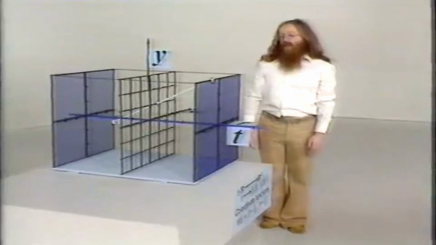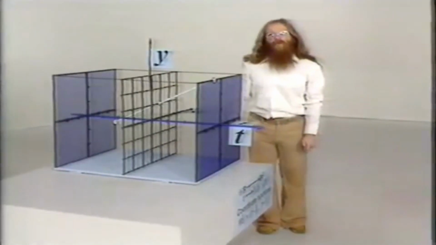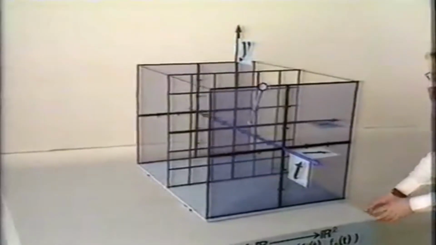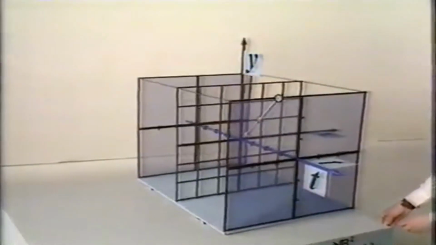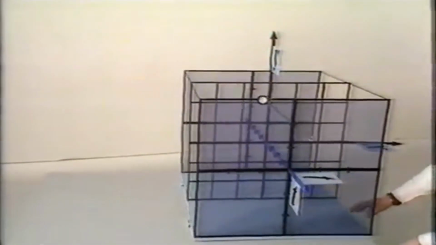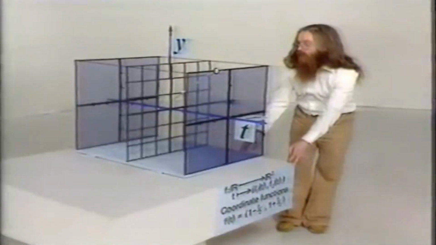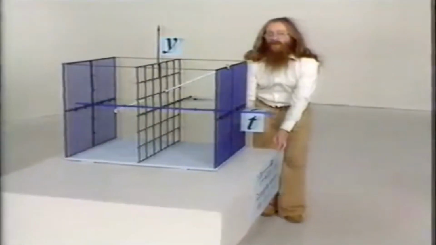Well, can we somehow use this representation and split it up to get pictures of the coordinate functions separately? In fact, we can, because concealed in this model are the graphs of both coordinate functions. And to see the graph of the second coordinate function, we have to look straight on to this side.